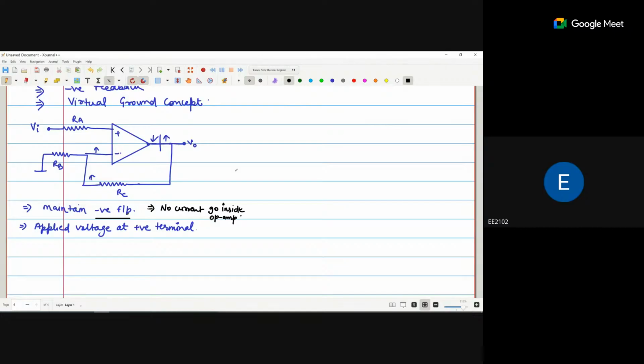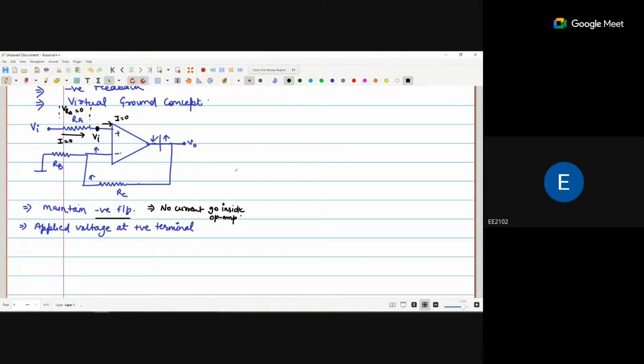So if no current is going inside the op-amp, I is equal to 0. So the I from this one is also 0. If I from this one is 0, the voltage drop across this, VRA, is also 0. So that means this point voltage is also Vi.